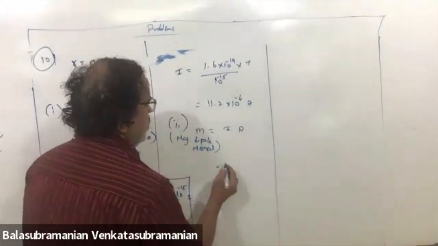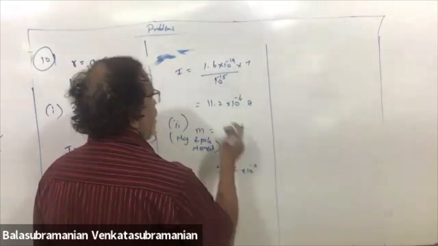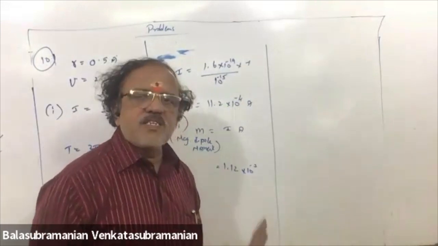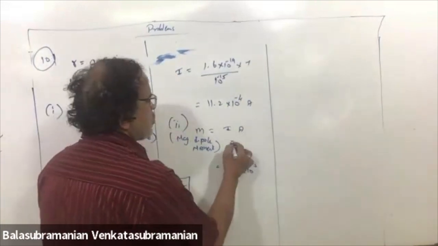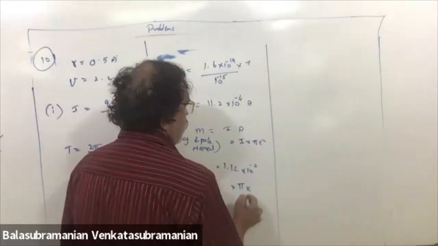What is the current? 11.2 into 10 power minus 4, or 1.12 into 10 power minus 3, both are the same. Into pi r square.